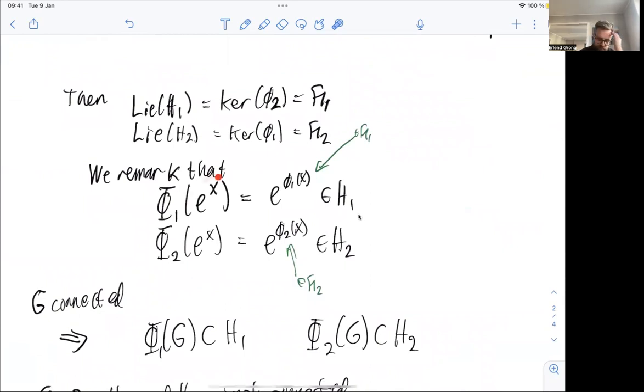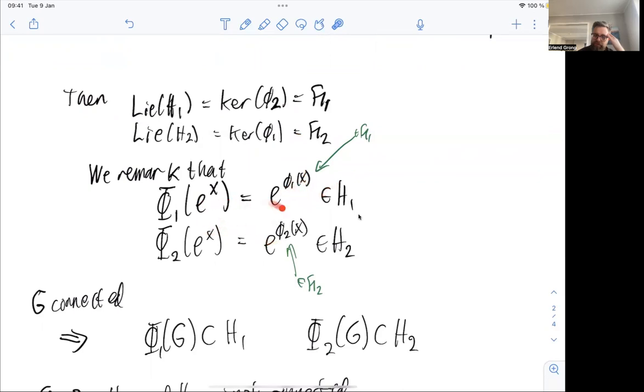And furthermore, something that I forgot to do when I did it in class: we see that if we have anything that is on this exponential form, then it's e to the phi 1 of x, which is in the Lie algebra H, and this is by definition, since H1 is the Lie algebra of large H. We have that this also should be in H1, and similar for the other one.